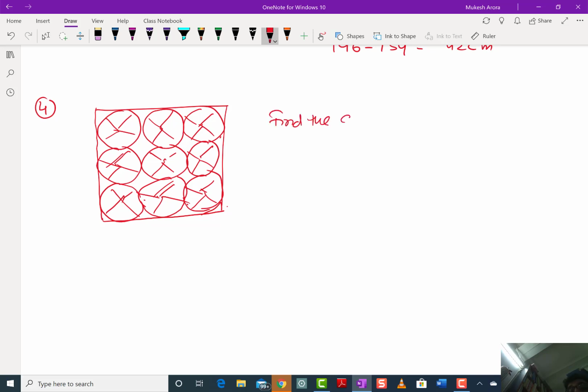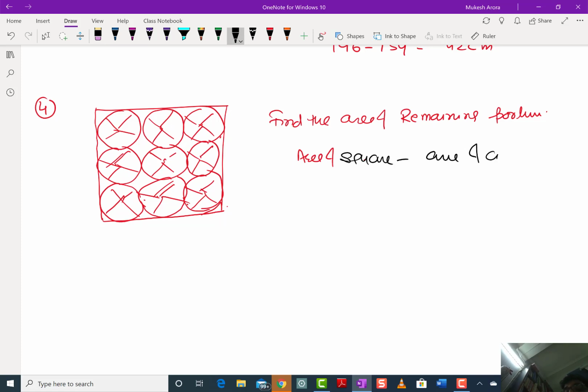Find the area of the remaining portion. The remaining portion is area of square minus area of circles into 9, and the radius of the circle is 7. Therefore in ABCD, this is 7.